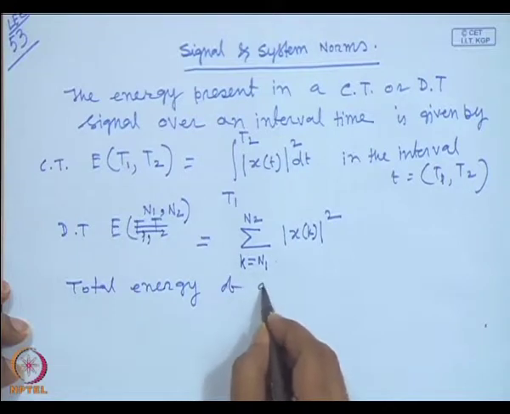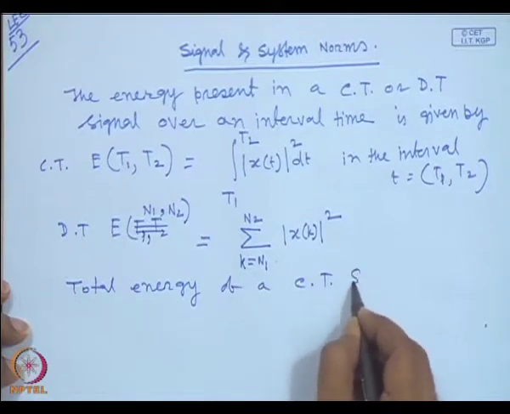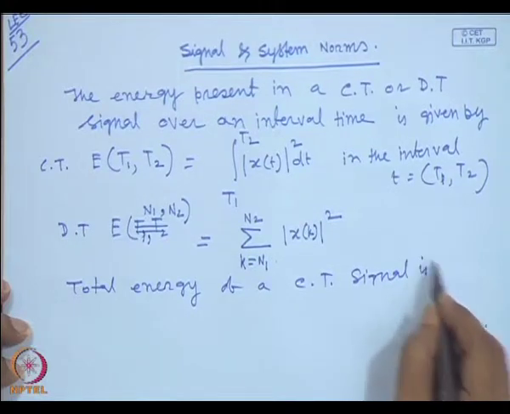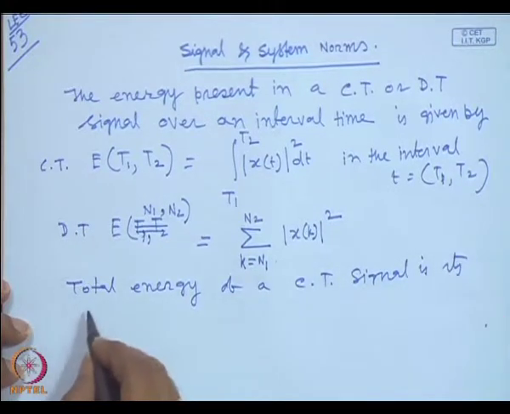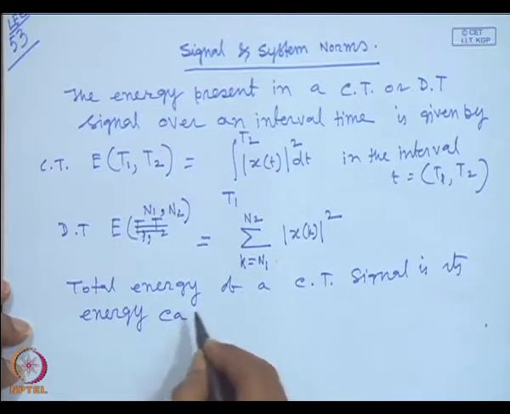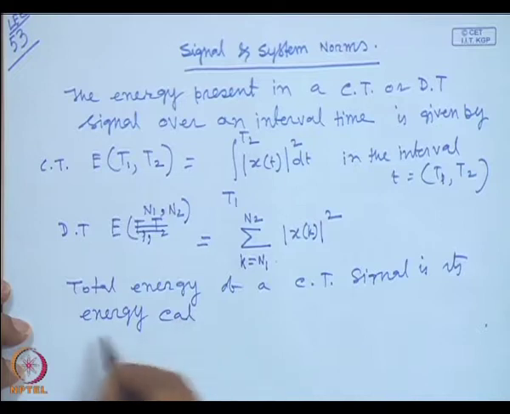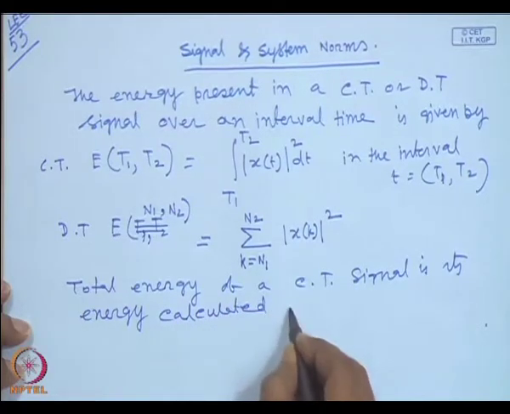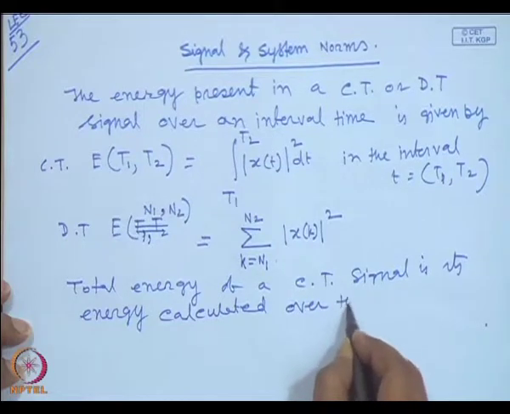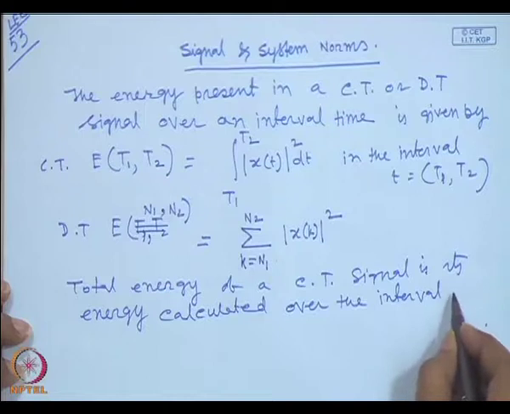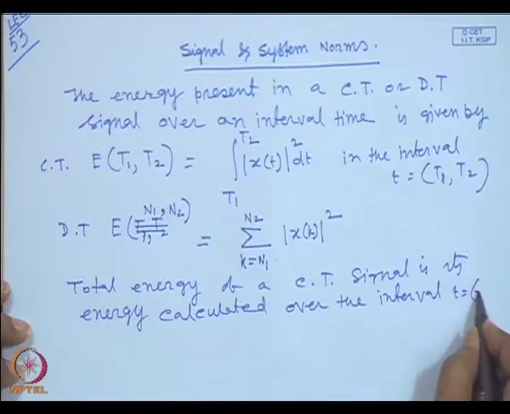the total energy of a continuous time signal is its energy calculated over the interval t is equal to minus infinity to plus infinity.